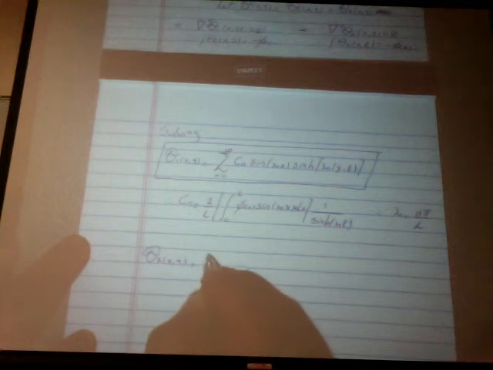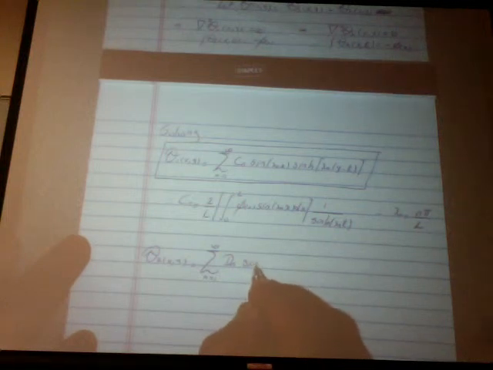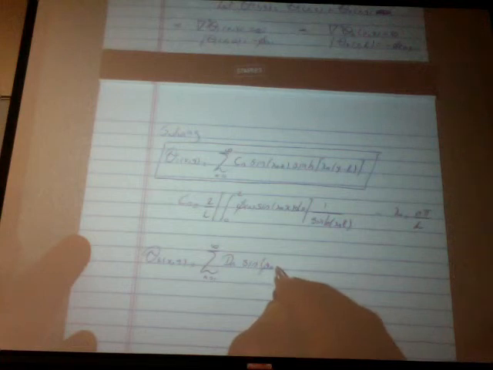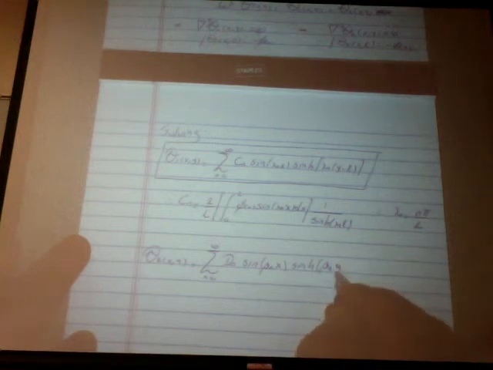And such that lambda n is n pi over L. And theta 2 is equal to summation from n equal 1 to infinity of Dn sine of beta n x times the sine hyperbolic of beta n y.